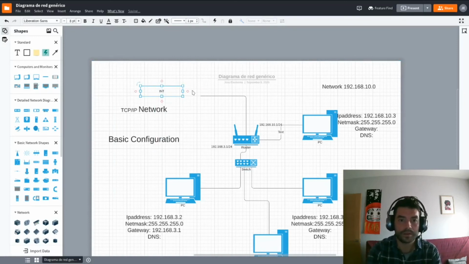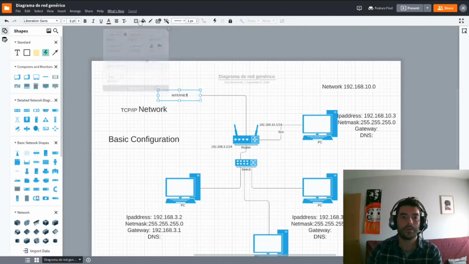So this router will need another IP address of another network that goes to the internet, okay?